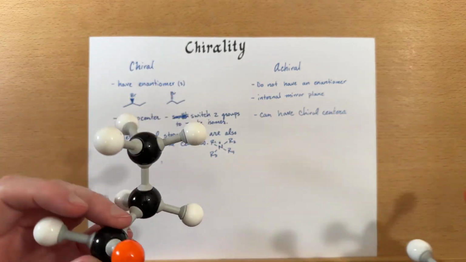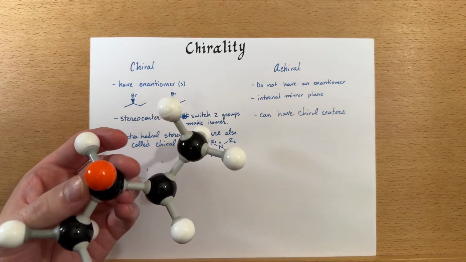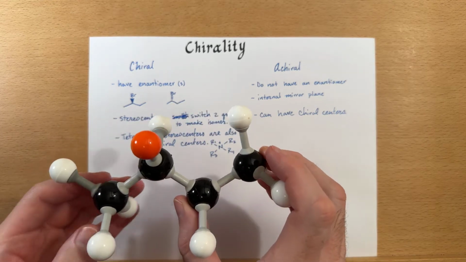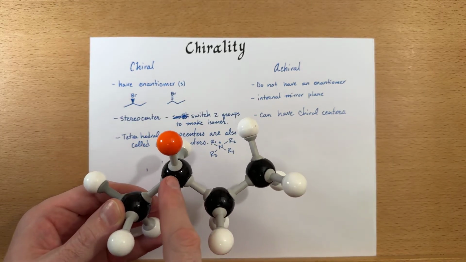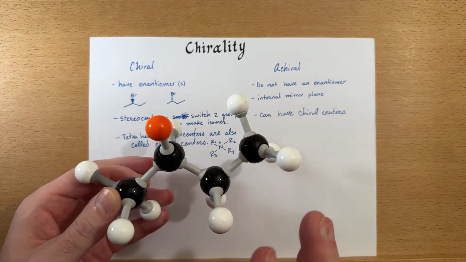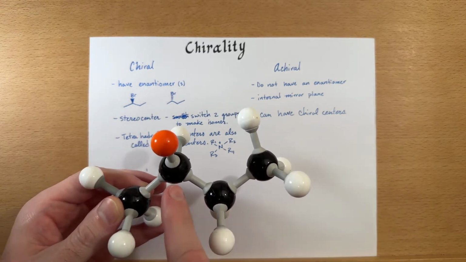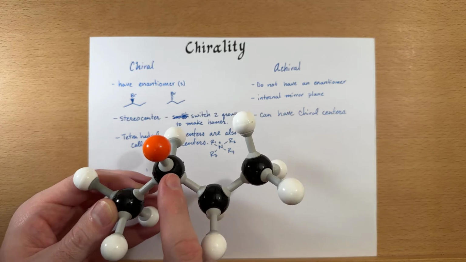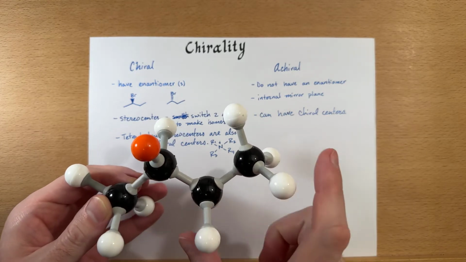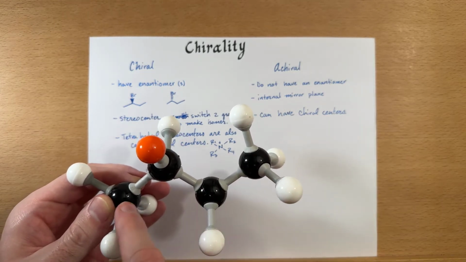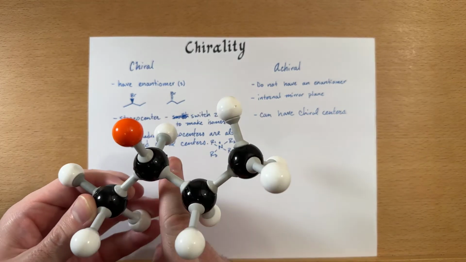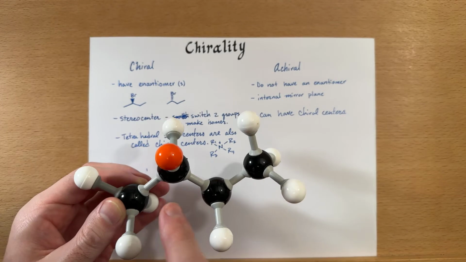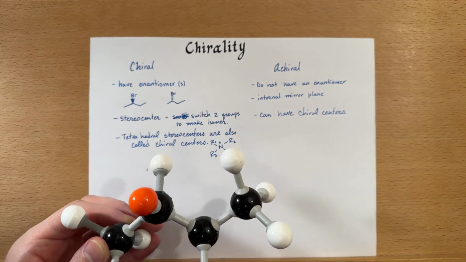So that is an example of a chiral molecule. And this is the chiral center or the stereocenter, whichever you would prefer to call it. You can call it either in this case, because it has a different group on all four positions.